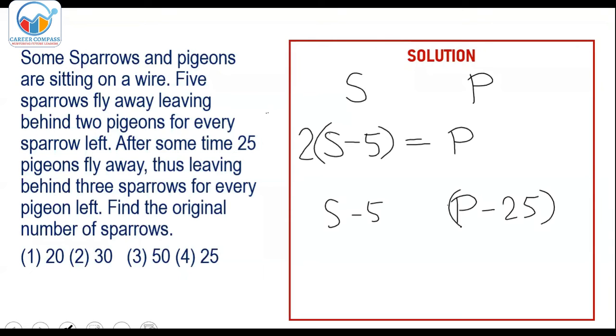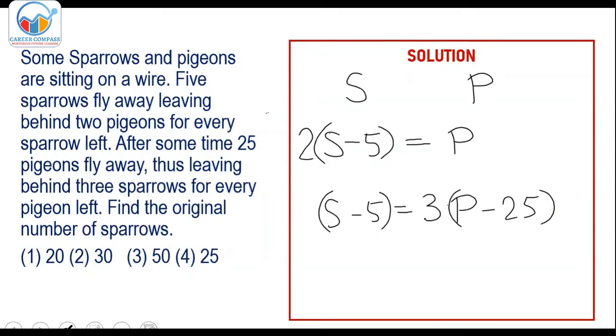So now this will be the remaining number of sparrows and pigeons respectively. Then they have said thus leaving behind 3 sparrows for every pigeon left, which means this time the number of remaining sparrows is 3 times that of the number of remaining pigeons, right? So if we solve these 2 equations, I will definitely get the answer, right?